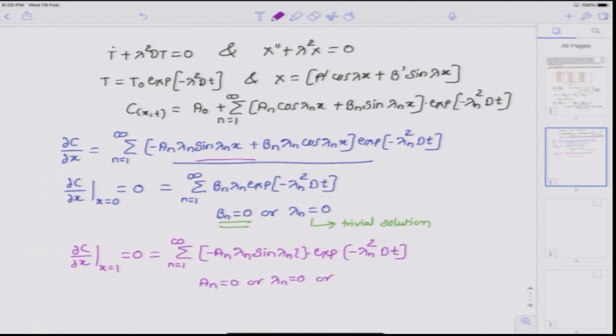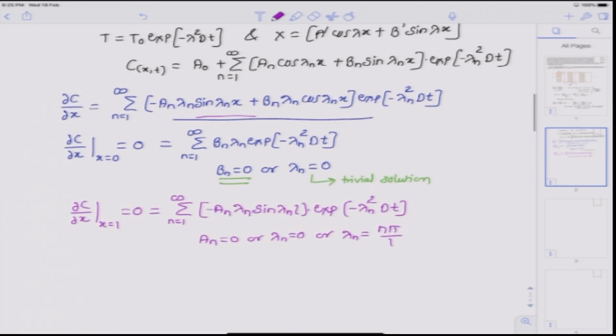Now, sin lambda n L is 0 when lambda n L is an integer multiple of pi, that is when lambda n equal to n pi by L, where n is an integer. Obviously, a n and lambda n cannot be 0, otherwise we will get a trivial solution.